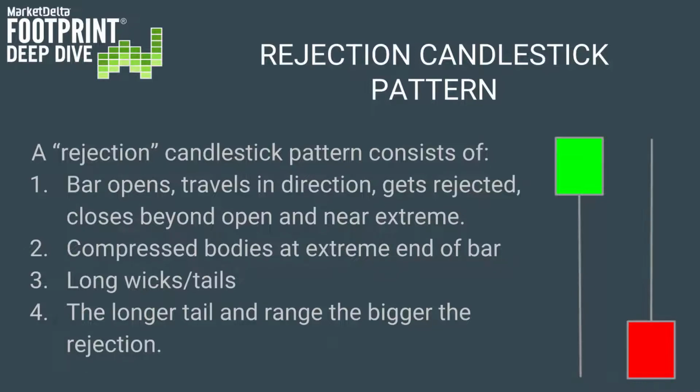All right, so the wick should be 2 to 3 times the body or more. But that's what we want to see, and that tells us we've seen at least a temporary rejection of the move. And oftentimes it's the other time frame participant, the longer time frame trader, the institutional trader, that'll cause this type of pattern to occur.